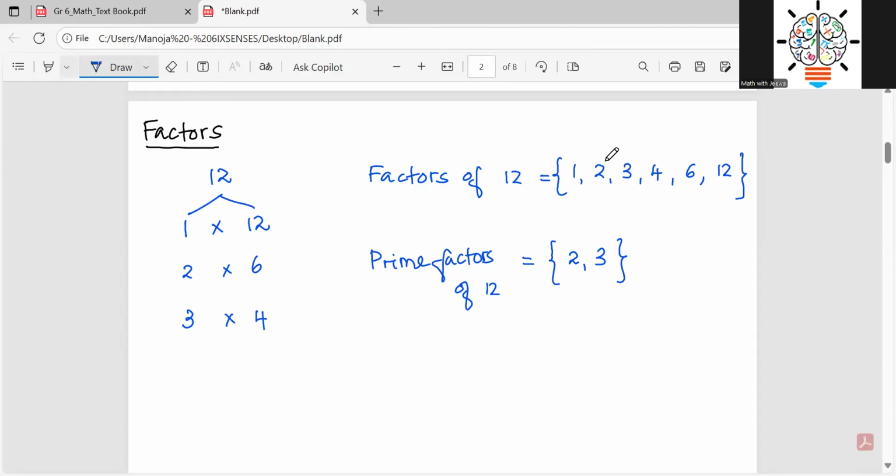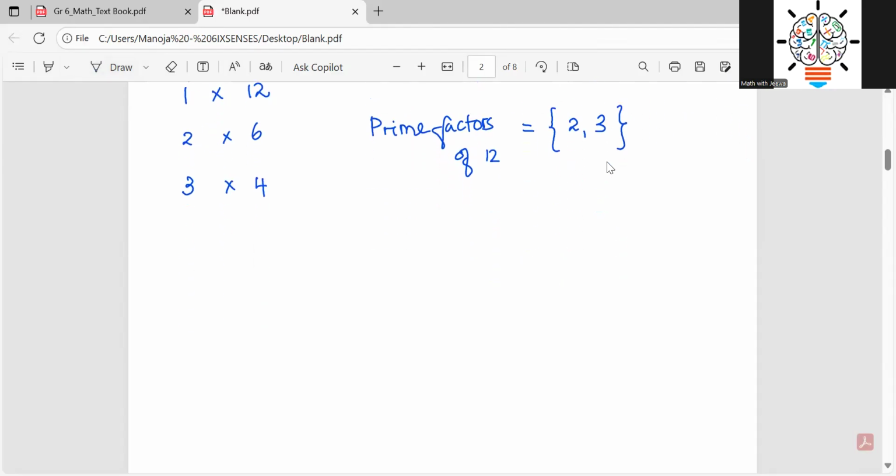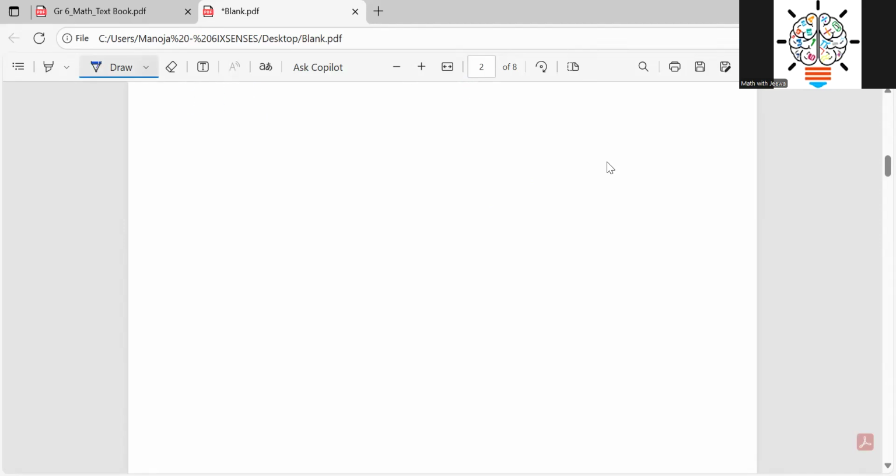Another way the question can come, children, they will ask you to write 12 as a product of its factors. How do you write this?